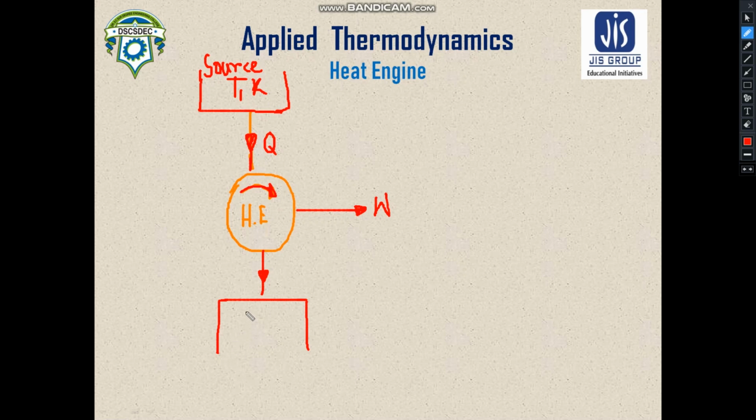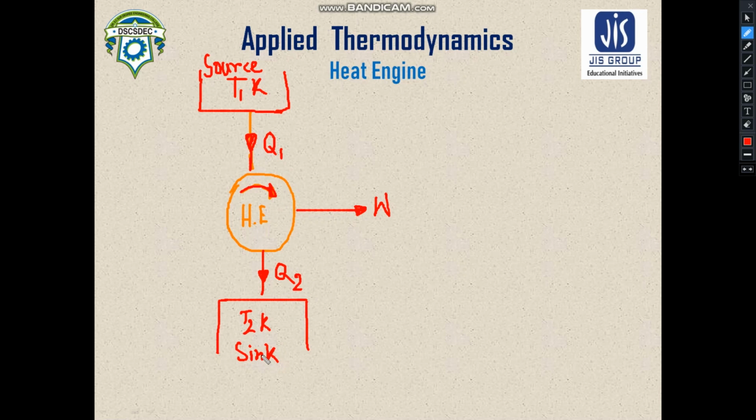And this is the low temperature reservoir where heat is rejected. Let us take this heat addition as Q1 and this heat rejection as Q2, and here is your low temperature reservoir, which we call the sink.